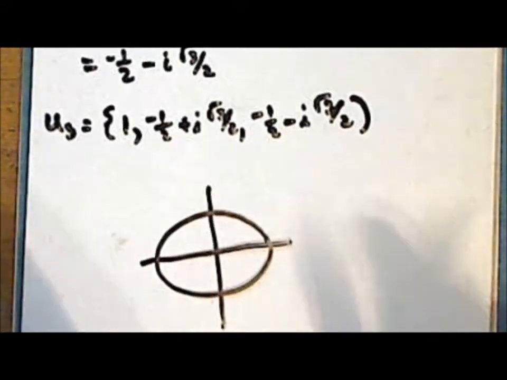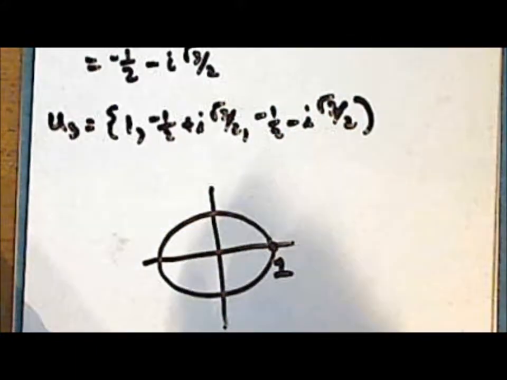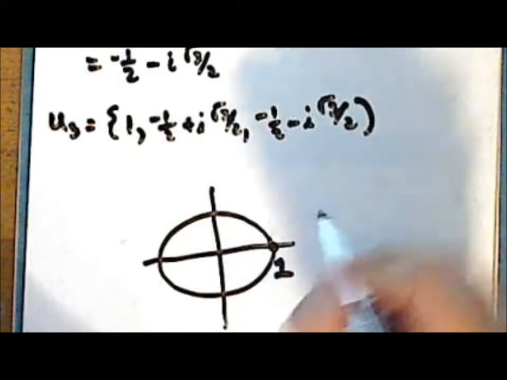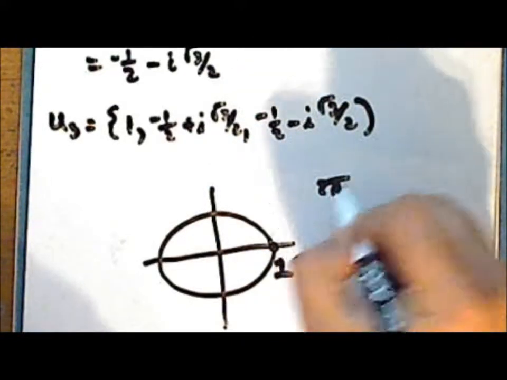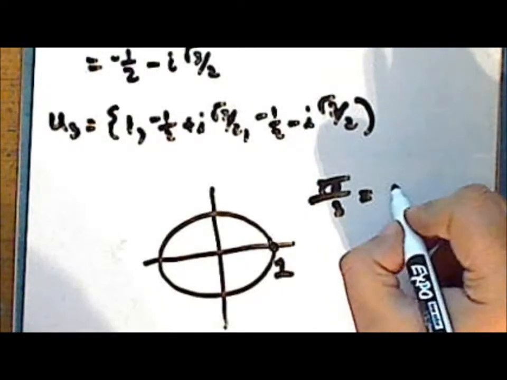The nth roots of unity will always occur on the unit circle, one of which is always the real number 1. All the others will occur at 2 pi divided by 3 radians apart, or 120 degrees apart.